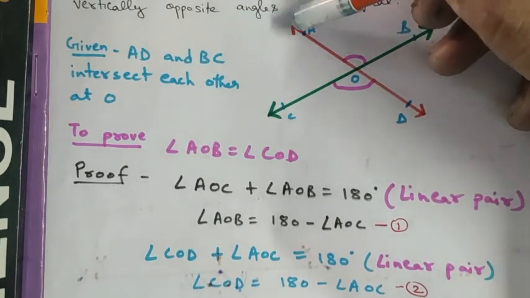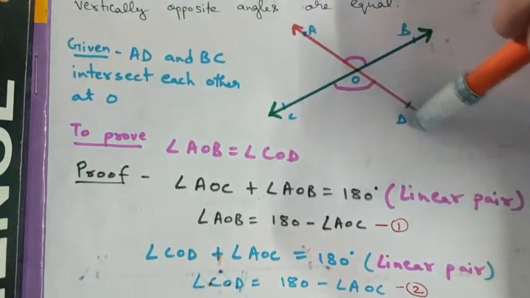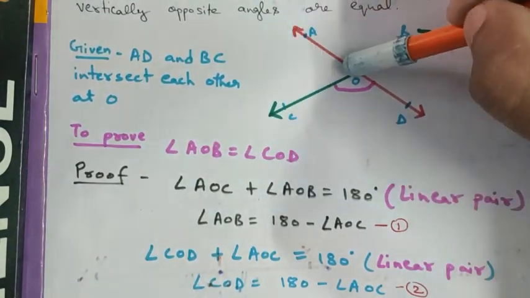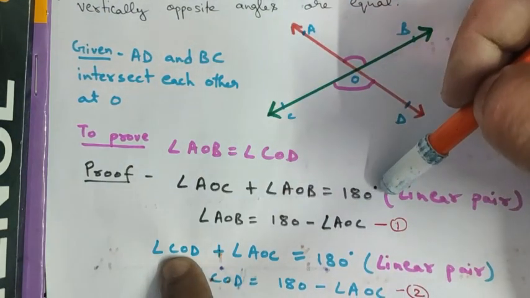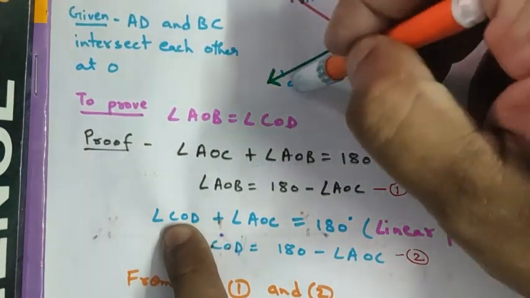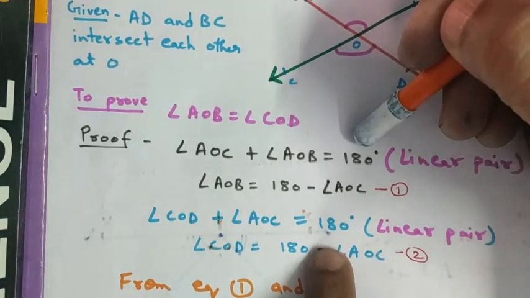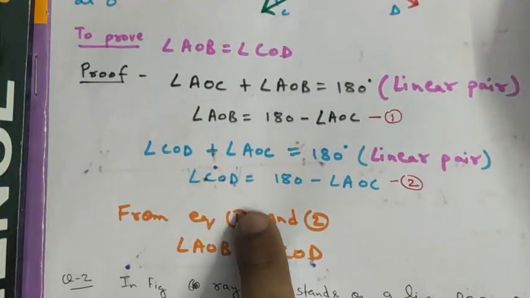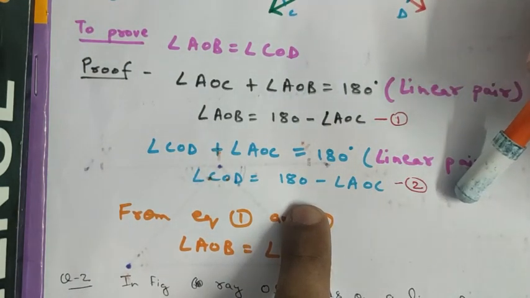If we take angle AOC and angle COD, they are also a linear pair. Similarly, like AOC plus AOB is 180 degrees, angle COD plus angle AOC will be equal to 180 degrees. Transposing angle AOC from LHS to RHS, we get angle COD equals 180 minus angle AOC. Got it?